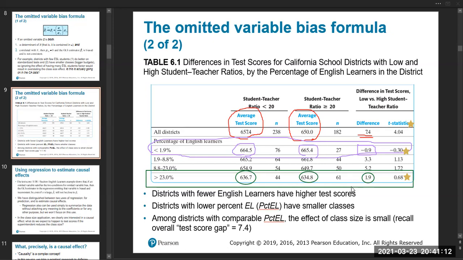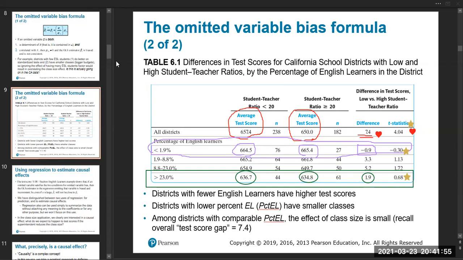So then the previous exercise we did, which is using the whole sample and running a regression of school scores on the class size, is biased. That beta 1 hat is biased because we omitted percentage of English learner, and we can clearly tell that English learner did affect test scores, and it does correlate with student teacher ratio.